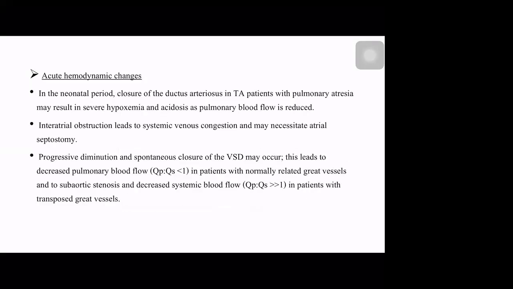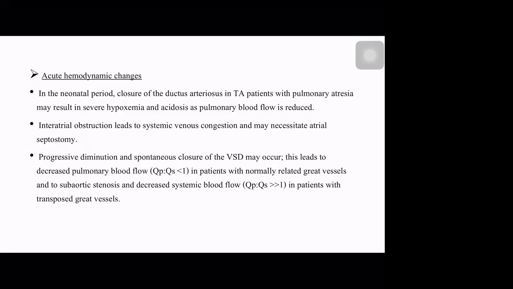Now, sometimes there are episodes of acute hemodynamic changes. In the neonatal period, closure of the PDA happens in tricuspid atresia patients with pulmonary atresia. And whenever there is sudden closure of the PDA, as you know, with pulmonary atresia, the child is surviving because the pulmonary blood flow is present because of the PDA.